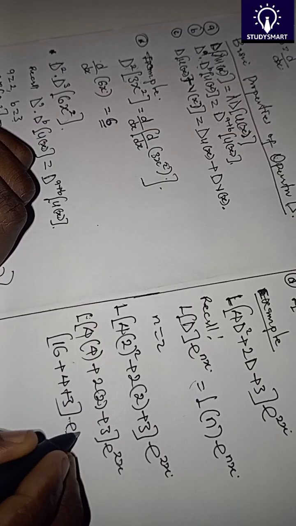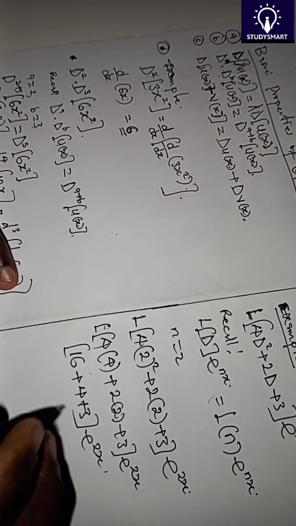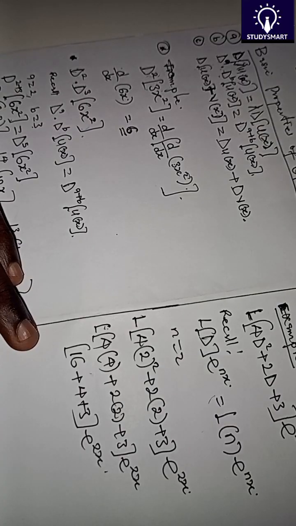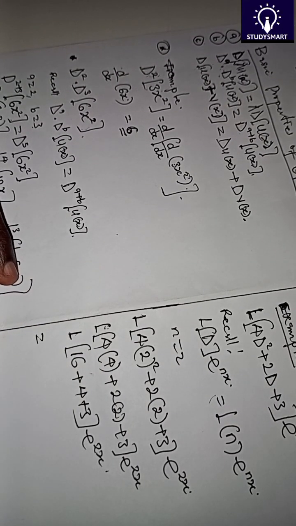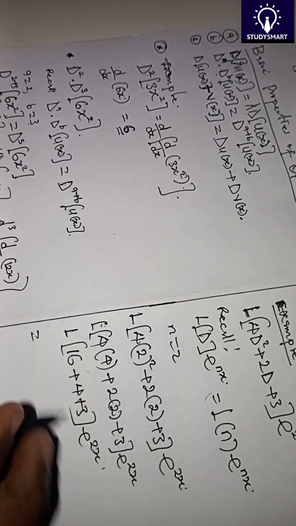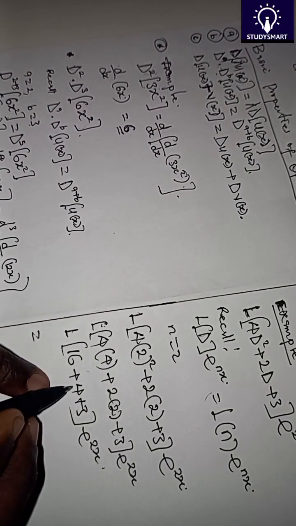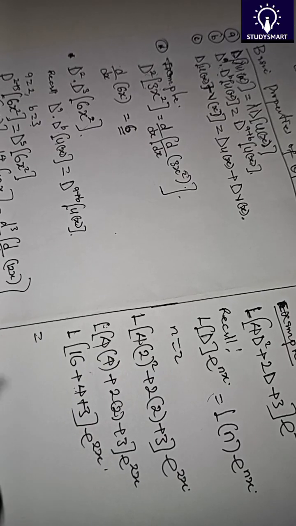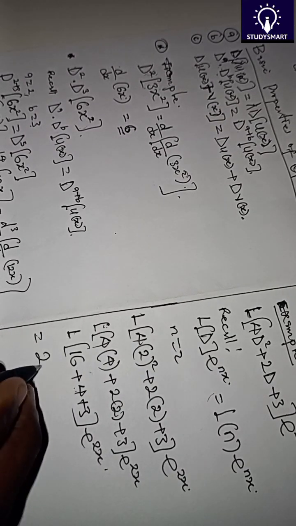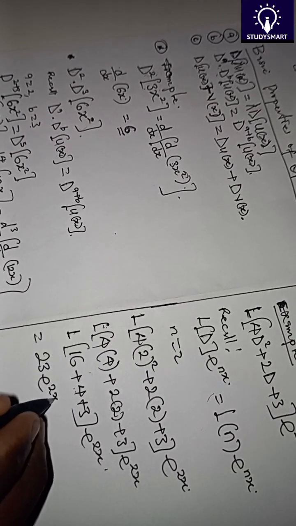I still have exponential 2x. So 16 plus 4 gives 20, and 20 plus 3 gives 23. So the answer of this problem is 23 exponential 2x.